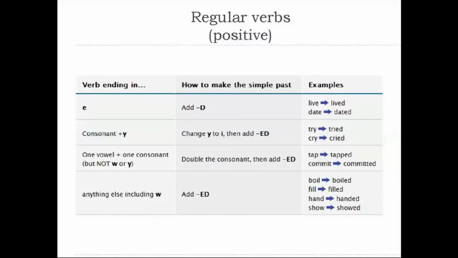There are two types of verbs in the English language: regular verbs and irregular verbs. If a regular verb ends with E, we just add D. For example, date, dated. If a verb ends with consonant plus Y, the Y changes to I, then we add ed.